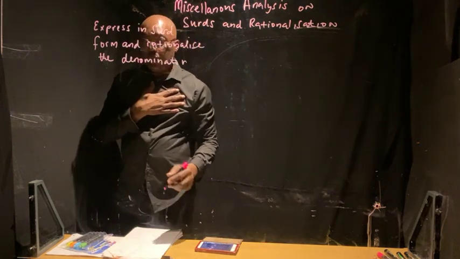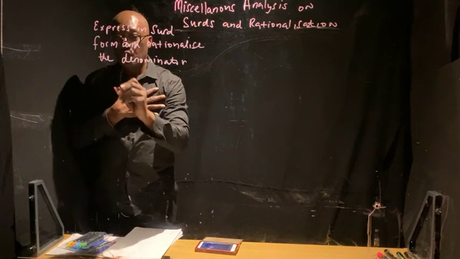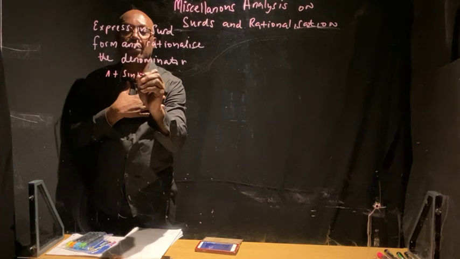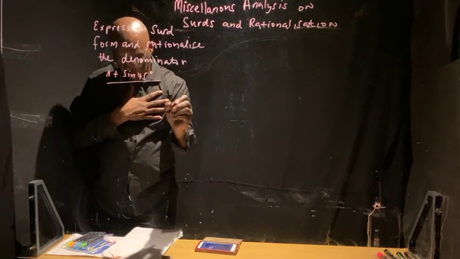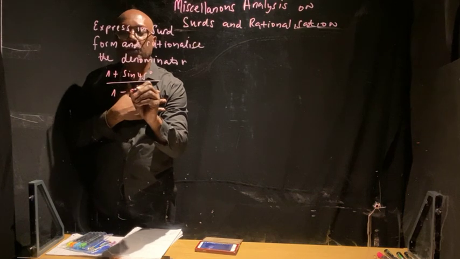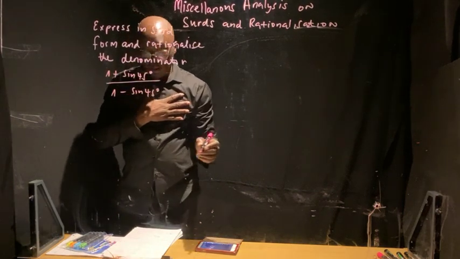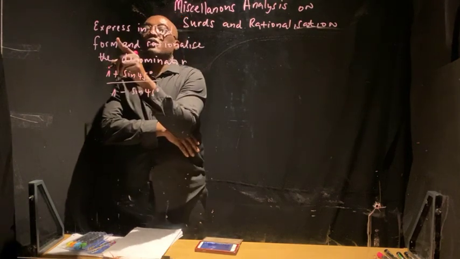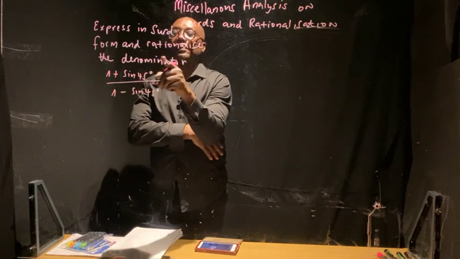Let's try the next question, which says 1 plus sine 45 degrees over 1 minus sine 45 degrees. The question says express in surd form and rationalize the denominator.